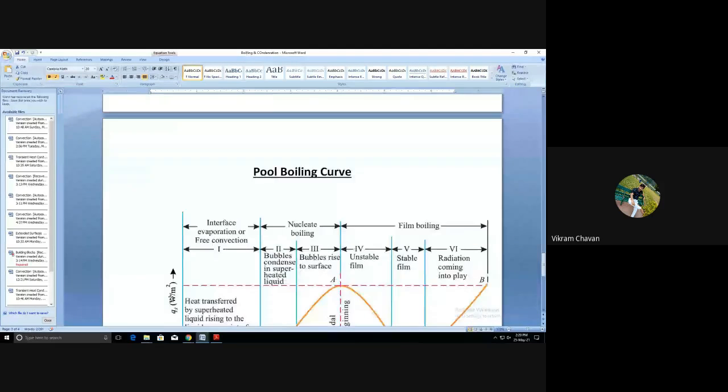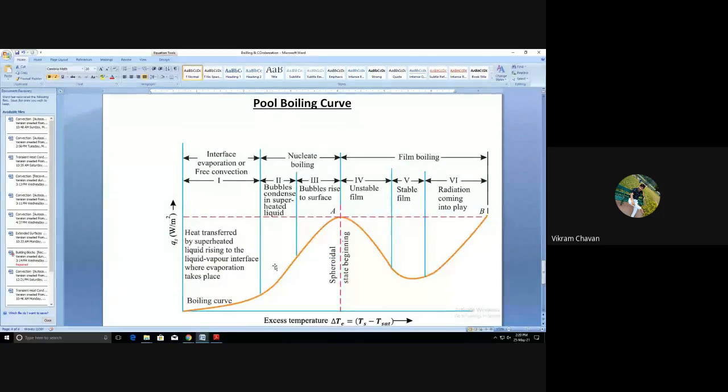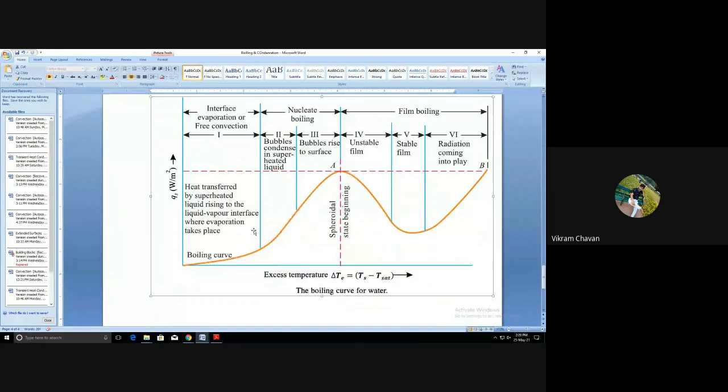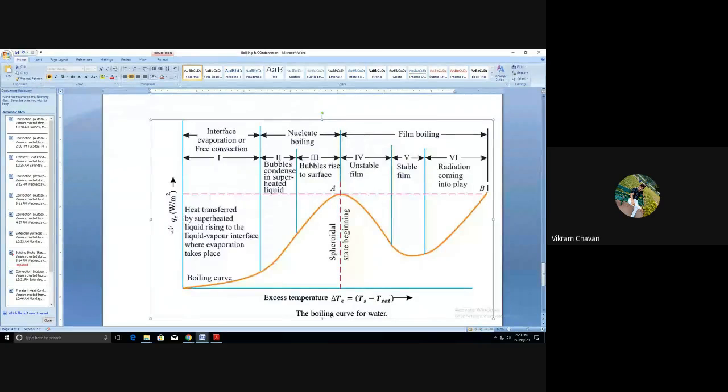The pool boiling curve we are going to discuss in the next lecture. It will be drawn with the excess temperature on the x-axis and the heat flux, that is heat transfer rate per unit area, on the y-axis, and we have to discuss the various regimes of boiling.